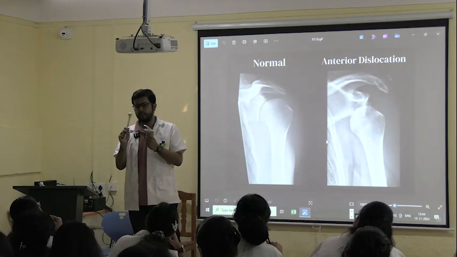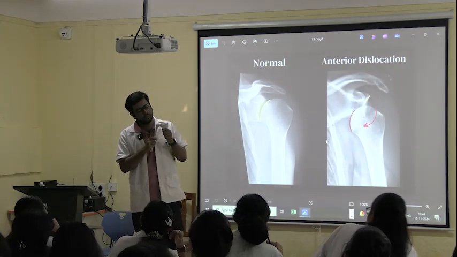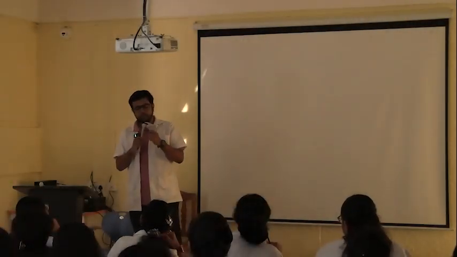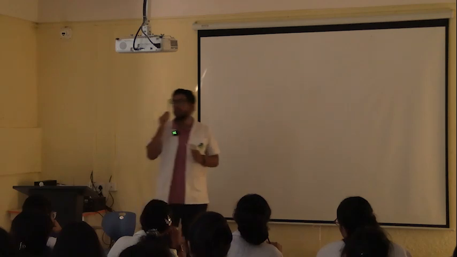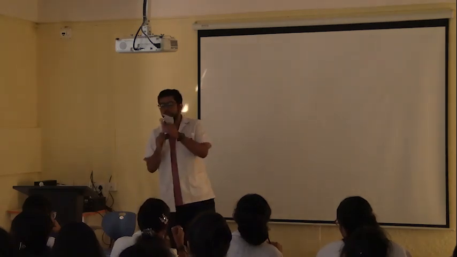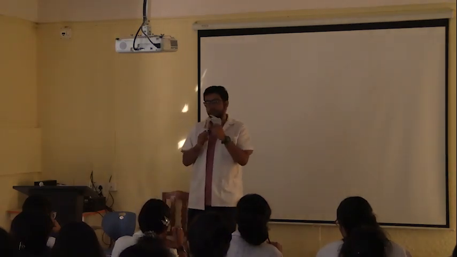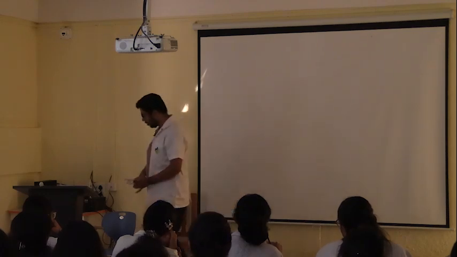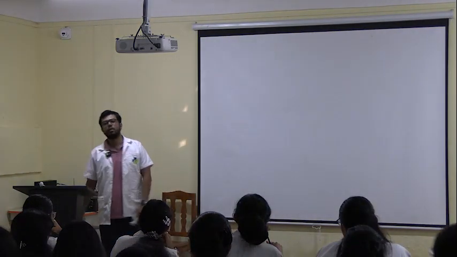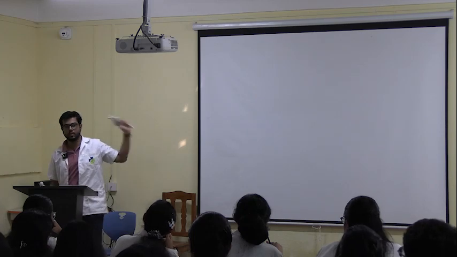This is the head of the humerus. This is the glenoid cavity of the scapula. In real life, this is a very small cavity. The head is not completely accommodated in this. So there is a quite common scenario called dislocation of the shoulder, as you guys have seen.